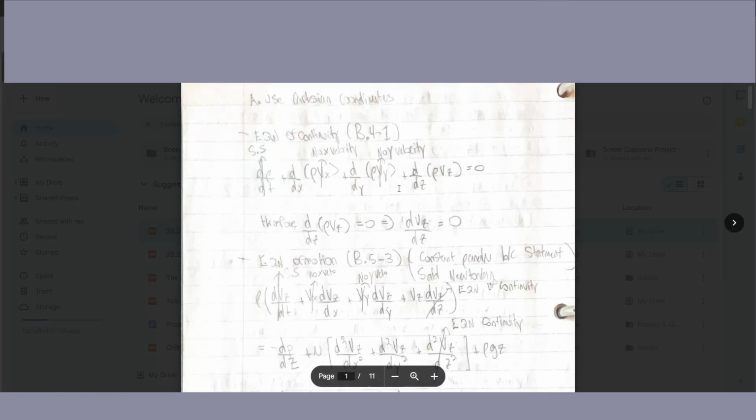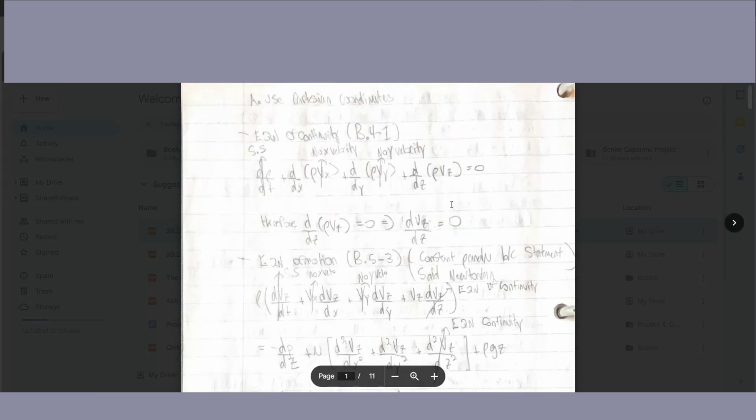Vy equals 0 because there's no y velocity. dvz/dz equals 0 because of the equation of continuity, which I explained earlier. Leave d²vz/dx² because it does depend on x. Leave this because it does depend on y, and take this out because d²vz/dz² is again 0 because of the equation of continuity.